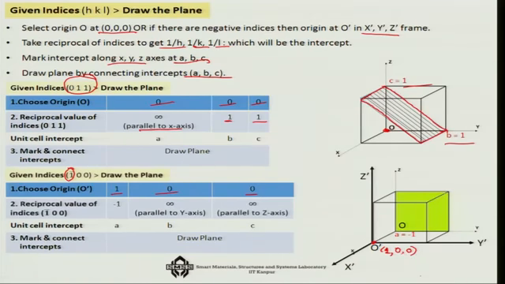This is the point O prime. Now, what is the reciprocal of them? The reciprocal of 1 bar 0 0 is minus 1, 0, 0's reciprocal. So, this is minus 1 as the first reciprocal, then infinity and infinity as the other two.